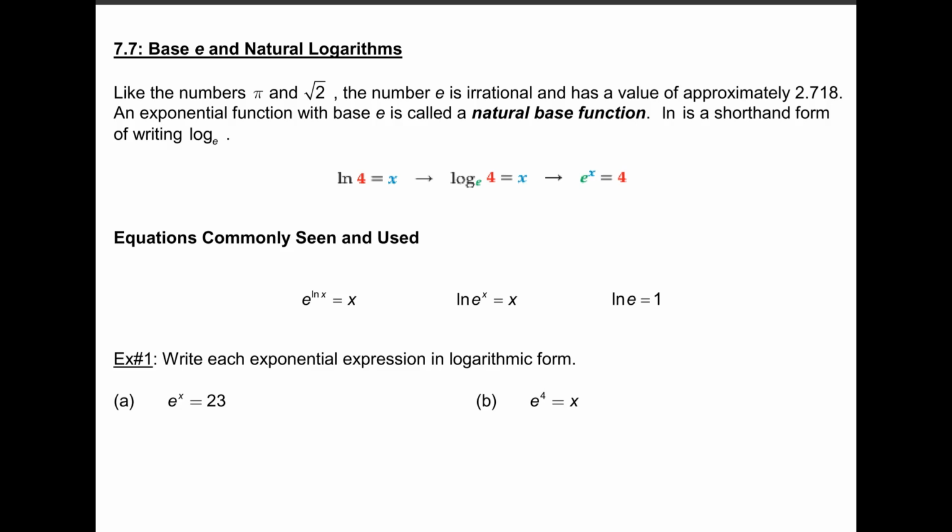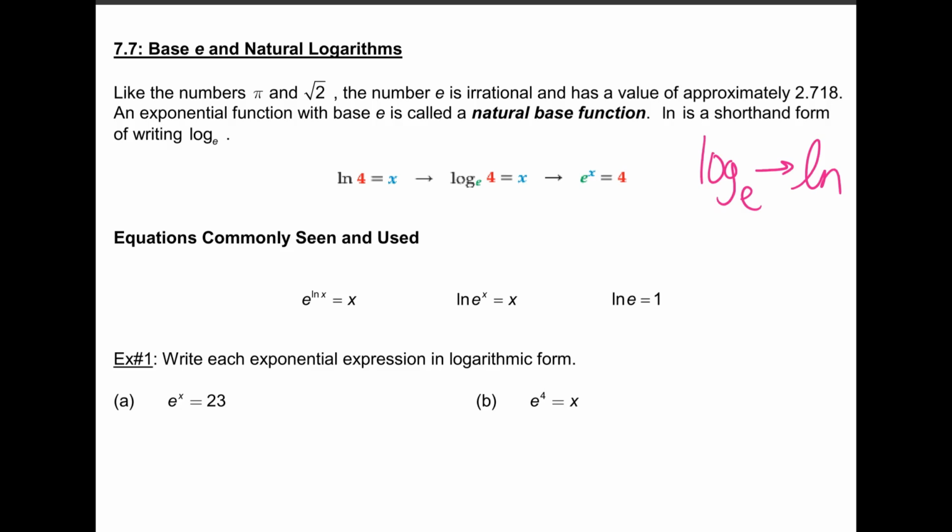So shorthand, instead of writing log base e, we can write ln. If you see ln, that's the natural log. This is why I was being so specific about saying if you see log alone, because ln means log of base e.